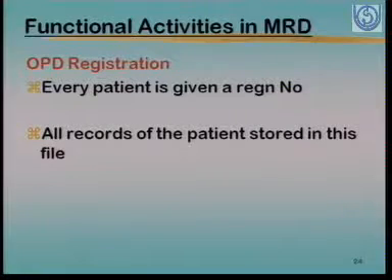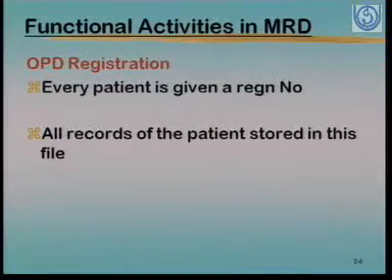OPD registration. What happens many times in the OPD registration, where the case sheet or the OPD card is initiated, is that the patient comes in, and there is a process called the registration process. In the registration process, the patient is supposed to give the demographic details, age, name, sex, and address, and of course pay some fees if need be, 5 rupees, 10 rupees, 50 rupees, as and when desired by the hospital.